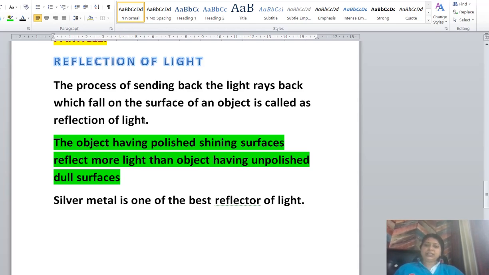Means जब light rays किसी ऑब्जेक्ट के सरफेस पे फॉल्स होती है, वो वापस जाती है, that is reflection of light. Objects having polished shining surfaces reflect more light than objects having unpolished dull surfaces.